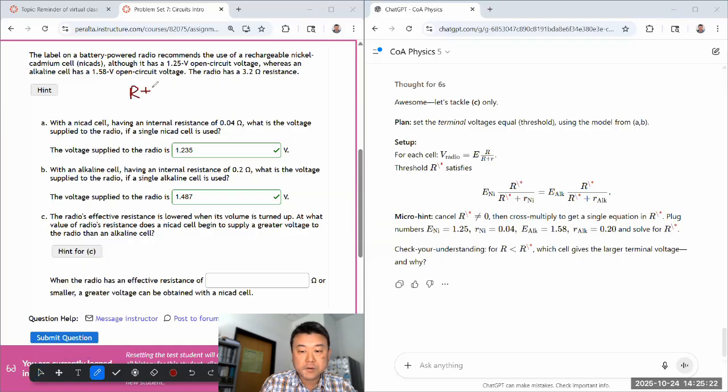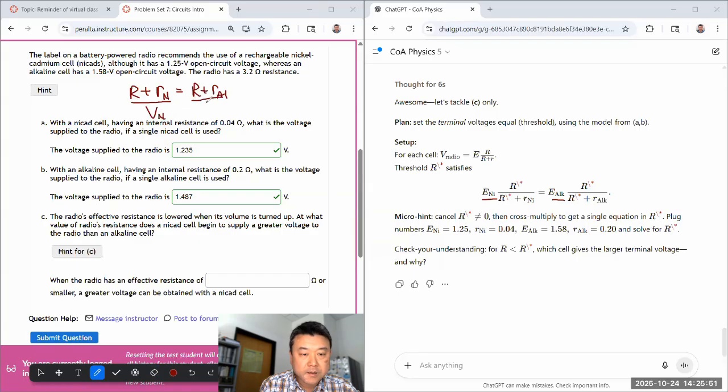So you say R plus R alkaline is equal to R plus R NiCad. Wait, that's not right. I still have to retain these voltages. That's what made it complicated. So then I'm imagining I did the reciprocal, so it'll be divided by, I'm just going to change this to V because I'm not using the word EMF.